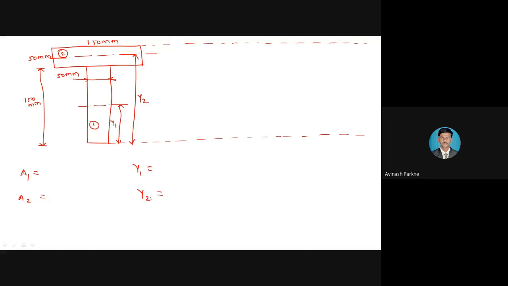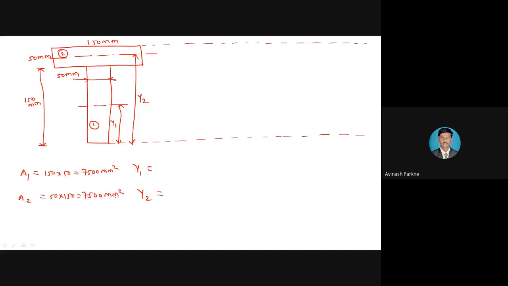Please tell me one by one. Area A1 and A2. Let us see. For both the rectangles, the dimensions are same. That is 150 into 50. So you will get the cross-sectional area 7,500 mm square. Similarly, A2 also 50 into 150, 7,500 mm square.